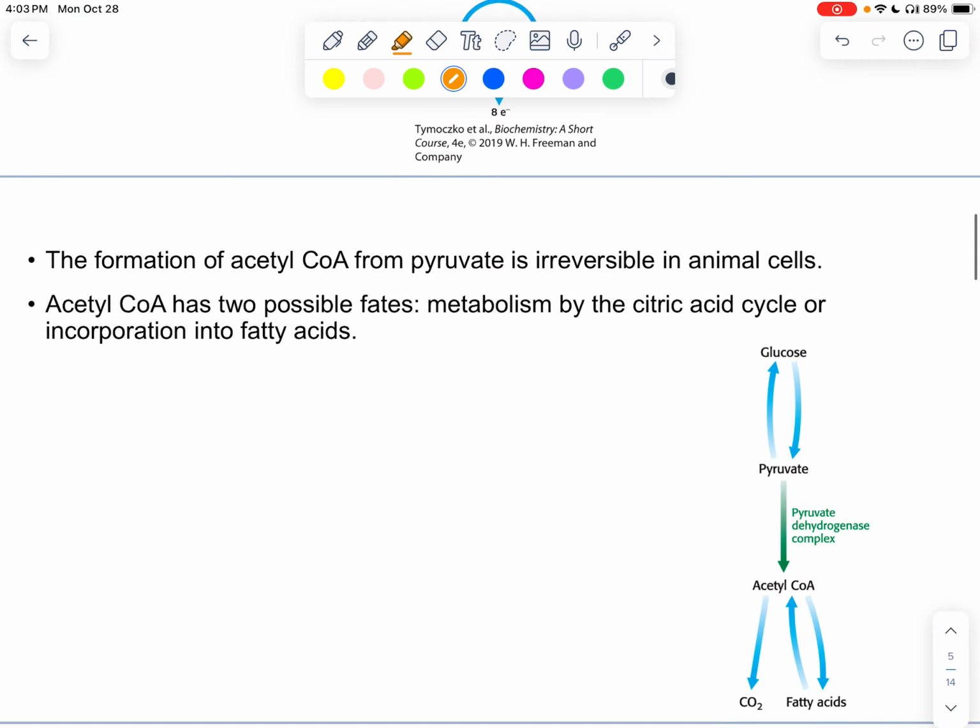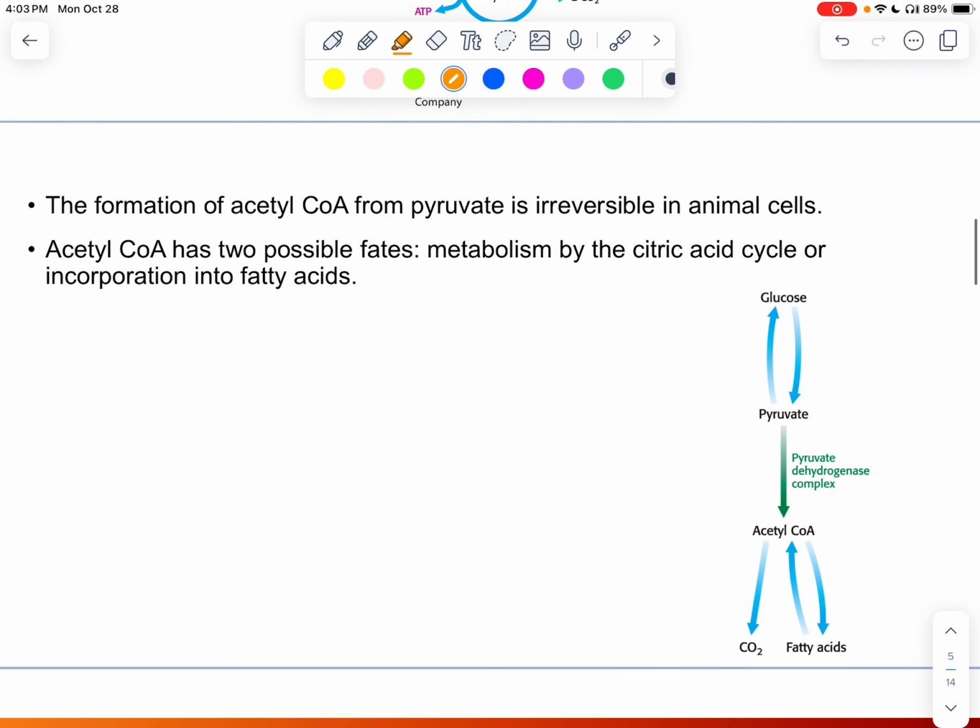If we look, here was our glycolysis, here was our gluconeogenesis, and now here is our reaction to get to acetyl-CoA, and you'll see it's a one-way arrow. This is irreversible in animal cells.